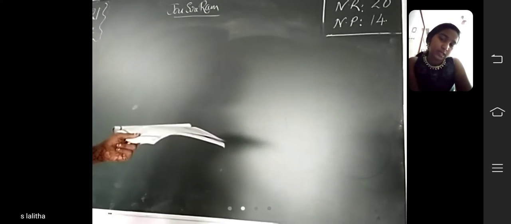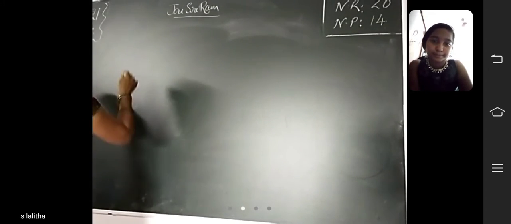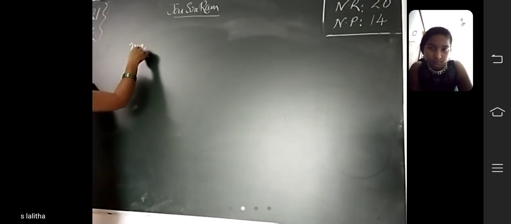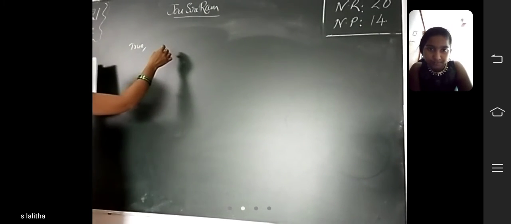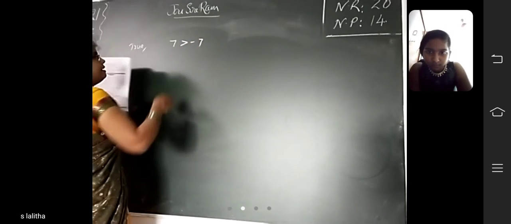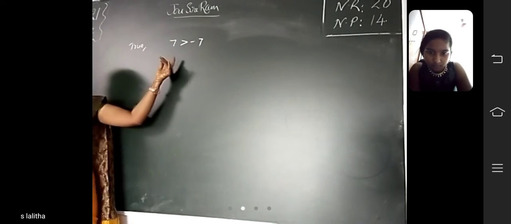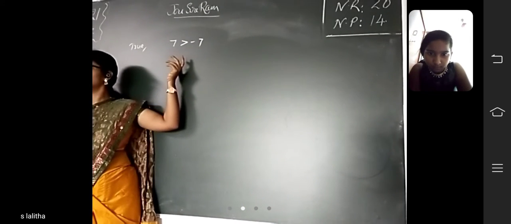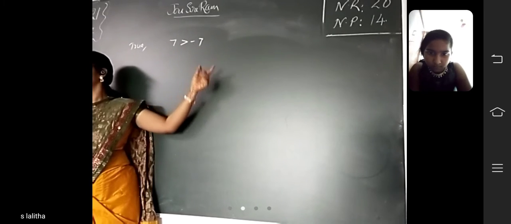On the side you have to write true. Write one example. 7 is greater than minus 7. This is a positive integer, this is a negative integer. A positive integer is always greater than a negative integer.